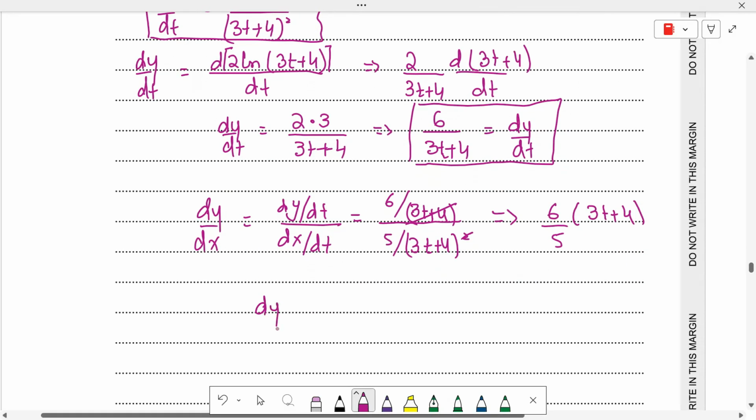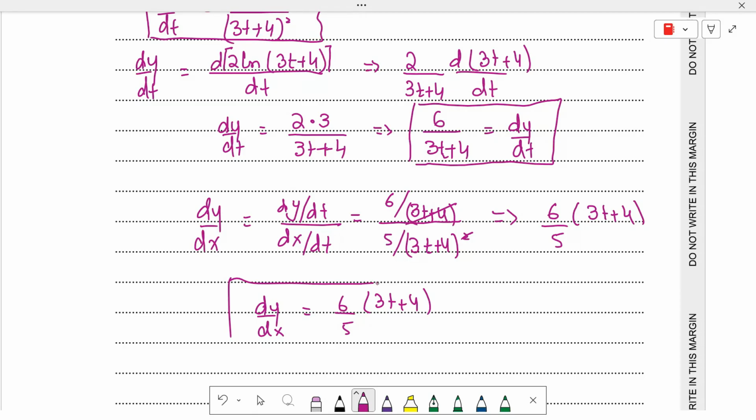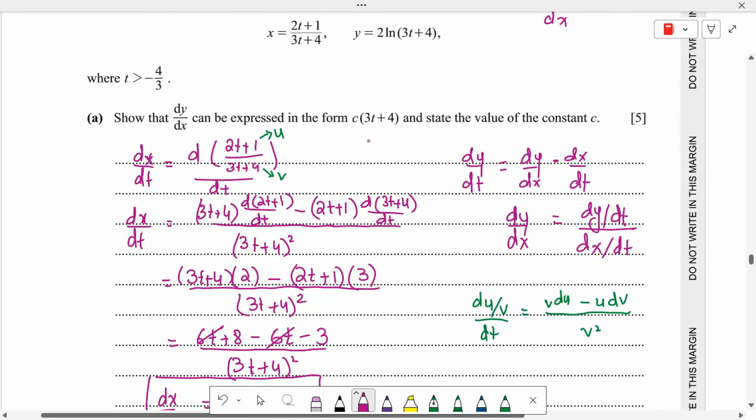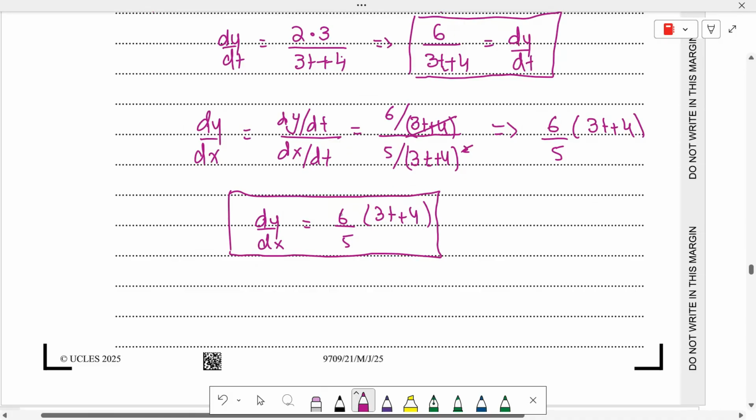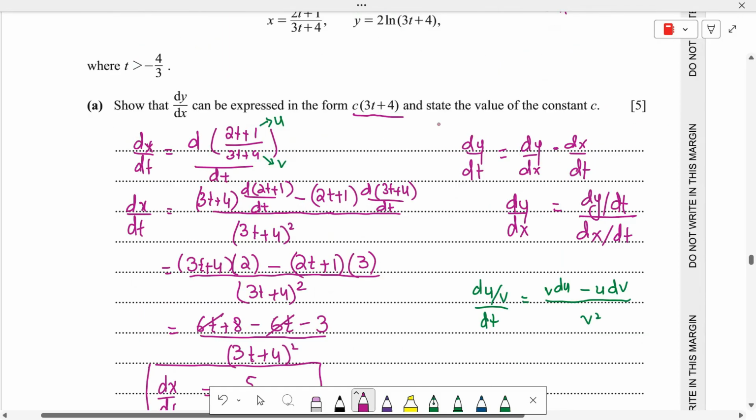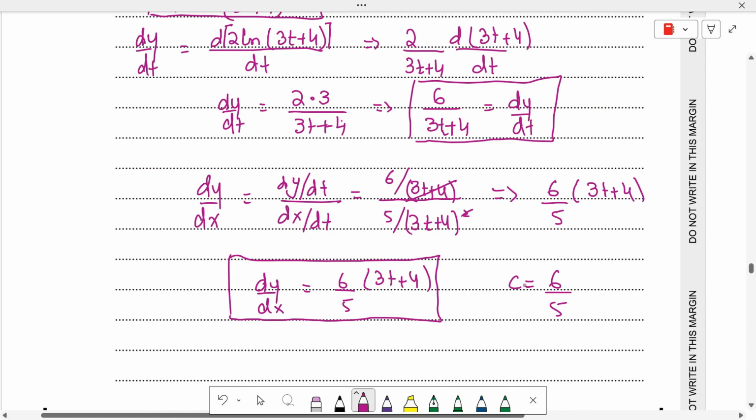So dy/dx is equal to 6/5 times (3t + 4). The required format was c times (3t + 4), so in this case c is 6/5, and we have also calculated the value of the constant c, which is 6/5.